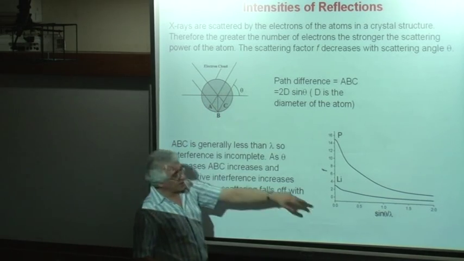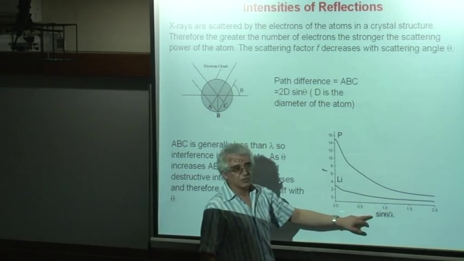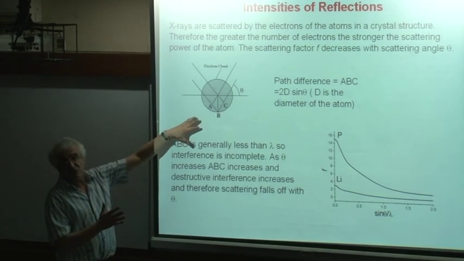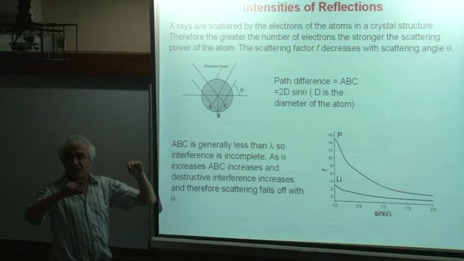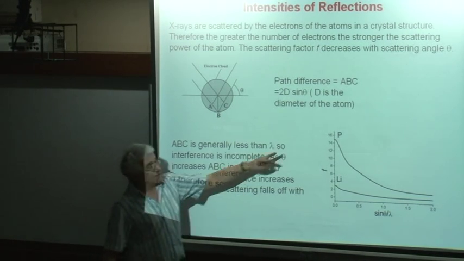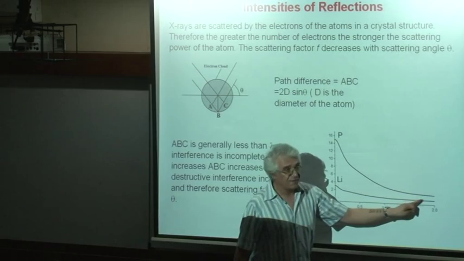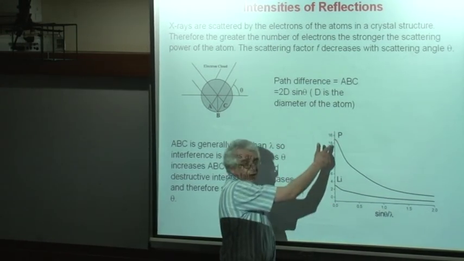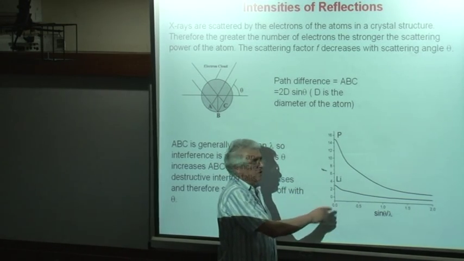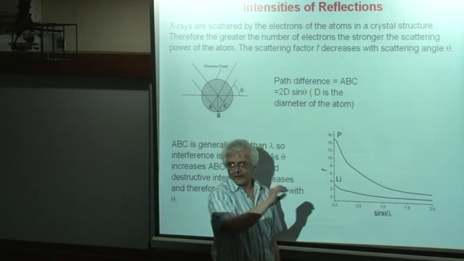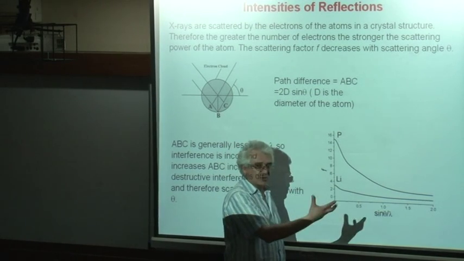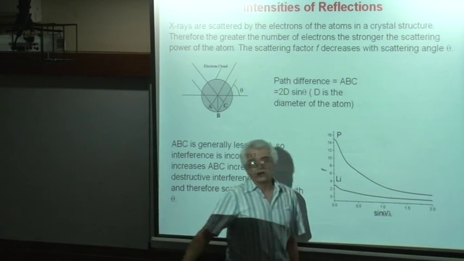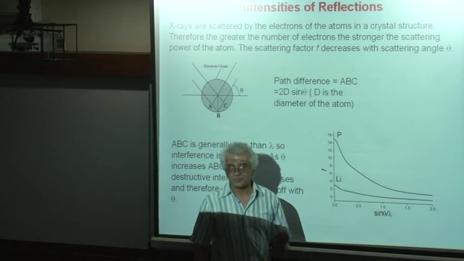As we increase the angle, as sine theta over lambda gets bigger, you are causing more destructive interference. Your intensity is going to fall away. And that is what we see. The intensity falls away like this. So it's only at sine theta over lambda equals 0 that we see the full scattering from the electrons in the atom. And as we increase the angle, we see the scattering fall off.